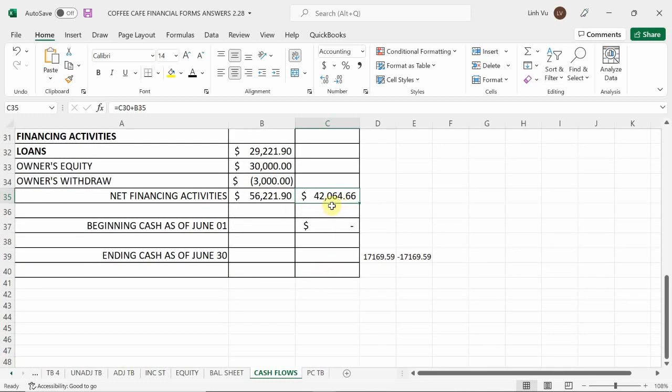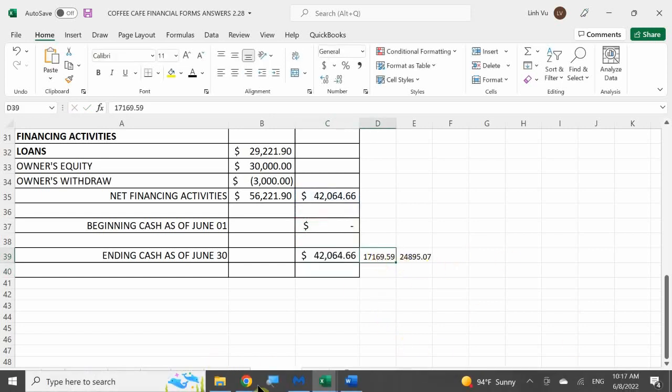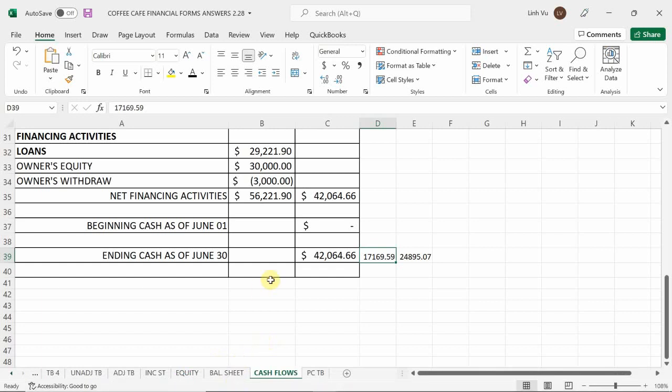You got $42,000. That means for this, what did you begin your cash flow with? You had 0. So the difference is supposed to equal the number that you have on your balance sheet. So in this case, I spent a little more money on something.